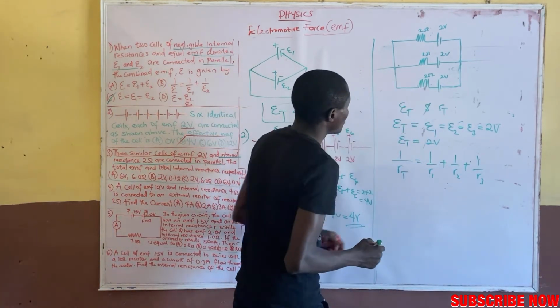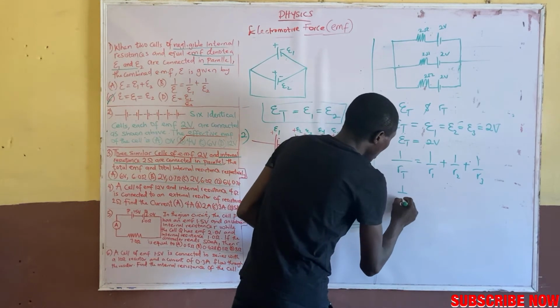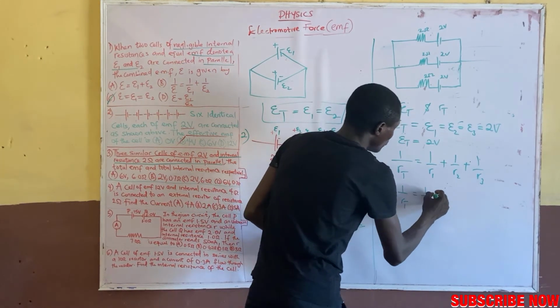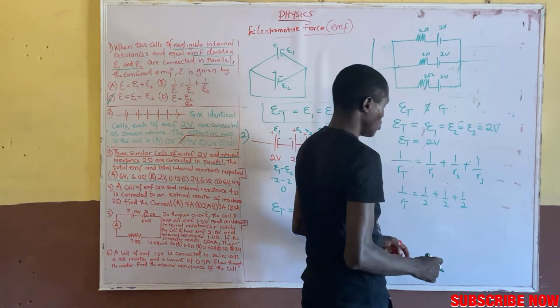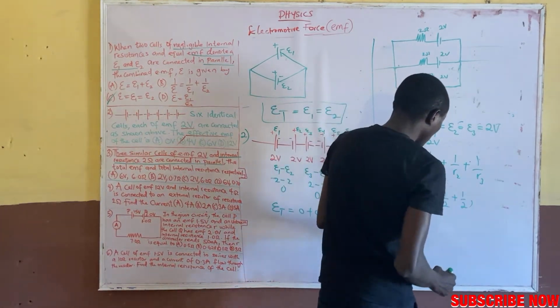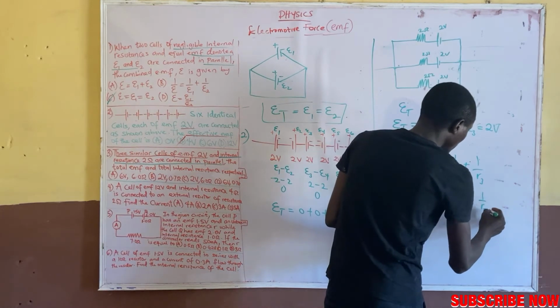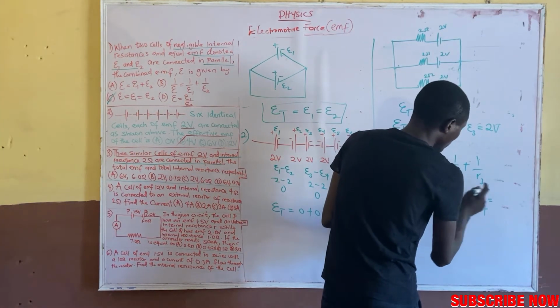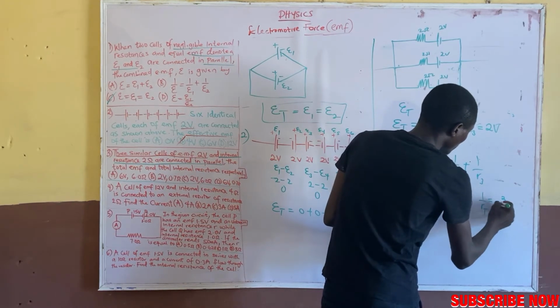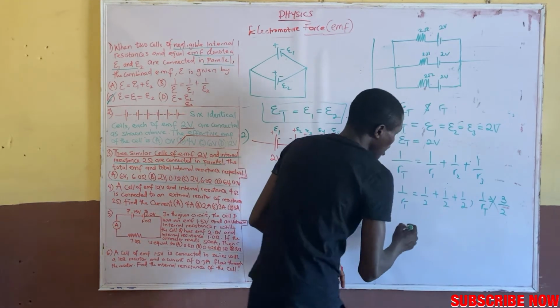So 1 over RT is equal to 1 over 2 plus 1 over 2 plus 1 over 2. Now we have 1 over RT equal to 1 plus 1 plus 1, which is 3 all over 2. We cross multiply. So we have what?